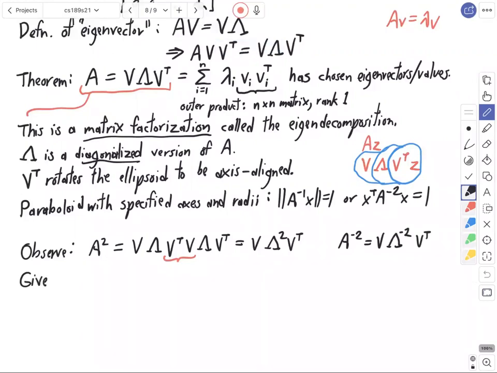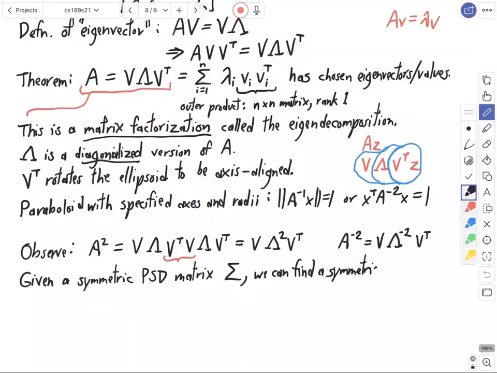Now, this leads us to a way of taking a symmetric square root of a symmetric real matrix. If it's positive semi-definite, that works; if it's indefinite, it generally doesn't have a square root. But if you have a symmetric positive semi-definite matrix, like for instance, the covariance matrix of the normal distribution, then we can find a symmetric square root by taking the eigendecomposition.